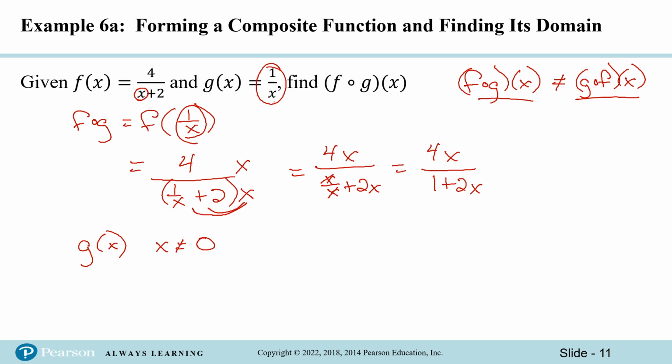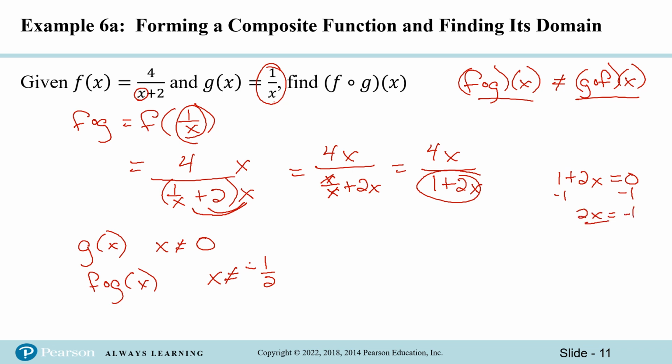For the f composed with g of x, x cannot equal -1/2. How do we get the -1/2? If we take 1 plus 2x, set it equal to 0, we get 2x is equal to -1.